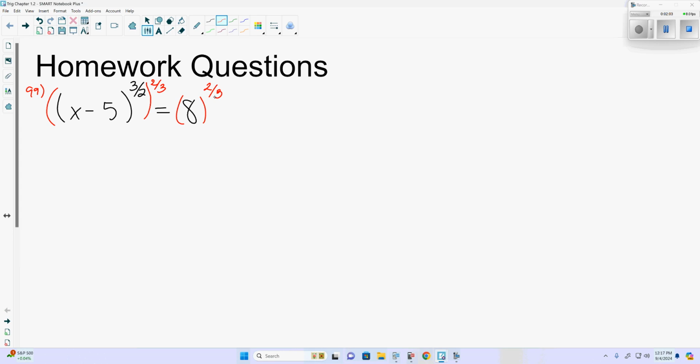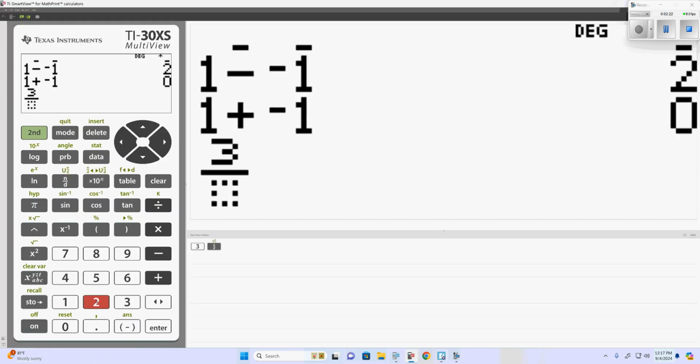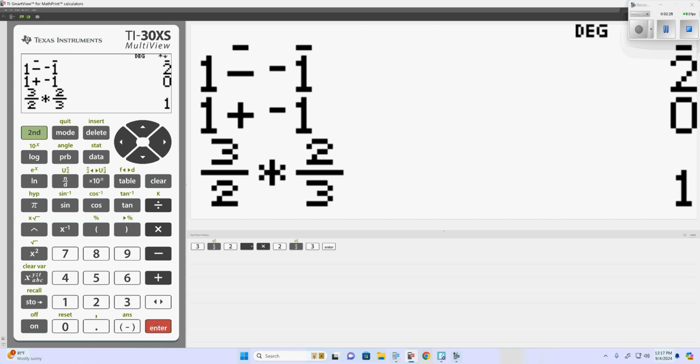The other way we can do it is put it to the power's reciprocal, because powers of powers multiply. So on the left-hand side, we have x minus 5 to the 3/2 to the 2/3. Well, the 3/2 and 2/3 would multiply. 3/2 times 2/3 is 1.